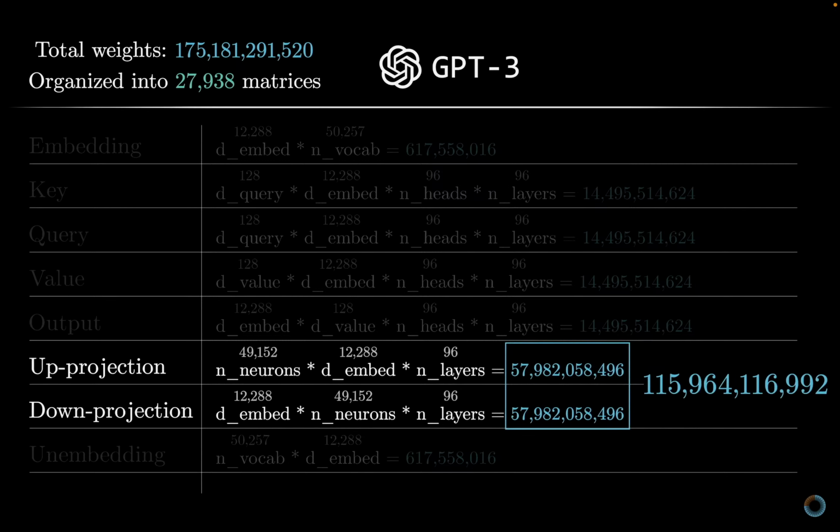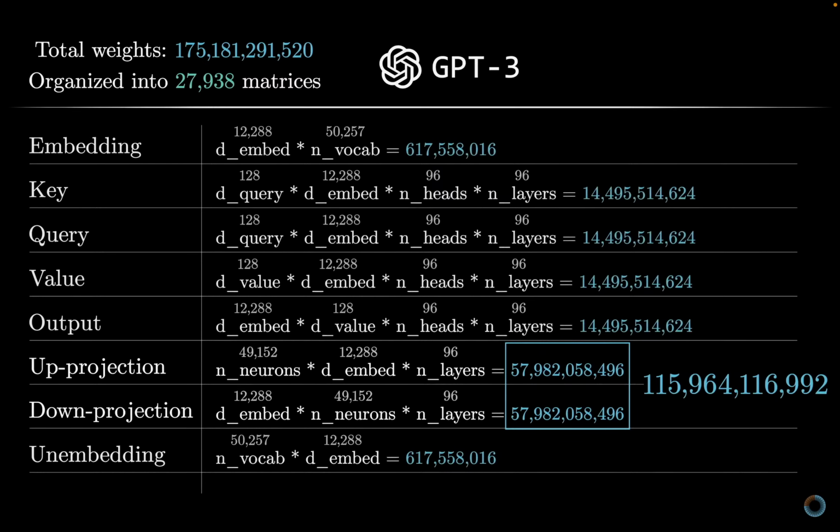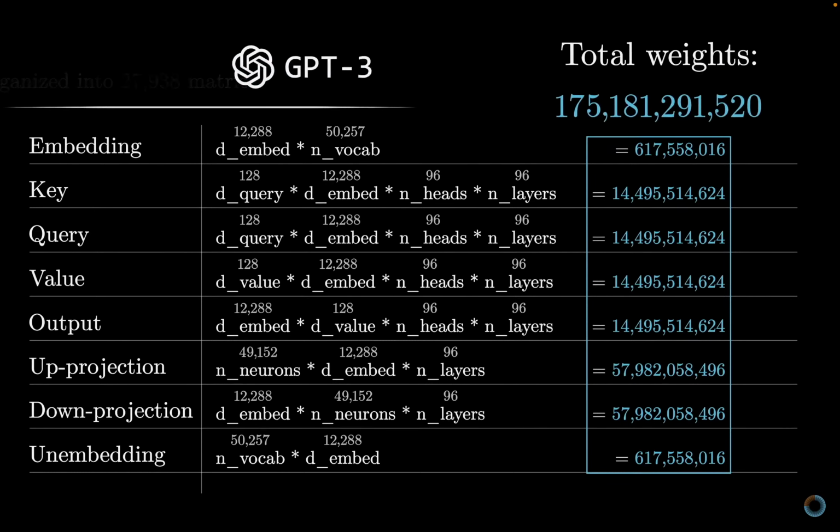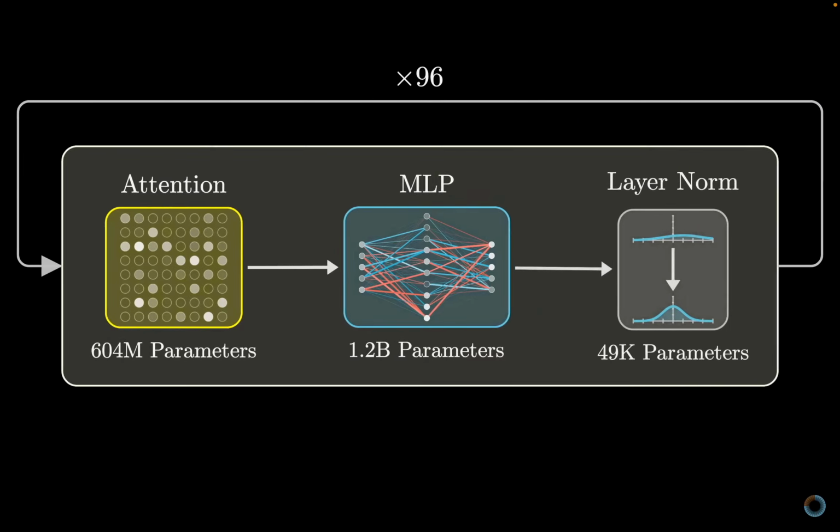This is around 2/3 of the total parameters in the network, and when you add it to everything that we had before for the attention blocks, the embedding, and the unembedding, you do indeed get that grand total of 175 billion as advertised. It's probably worth mentioning there's another set of parameters associated with those normalization steps that this explanation has skipped over, but like the bias vector, they account for a very trivial proportion of the total.